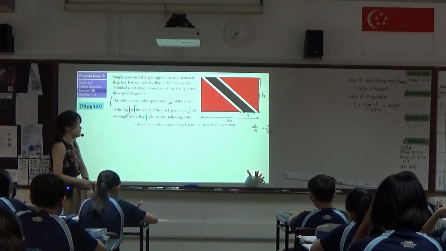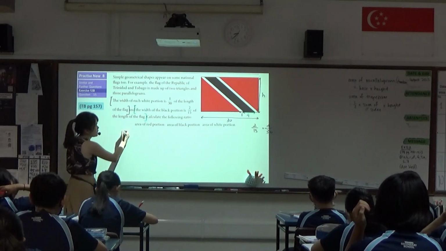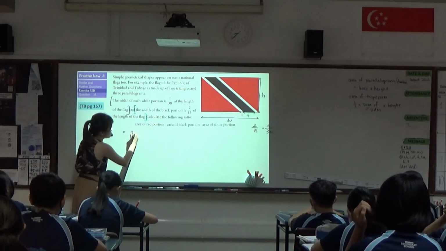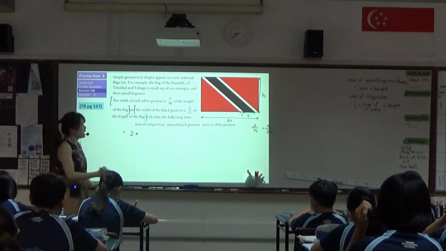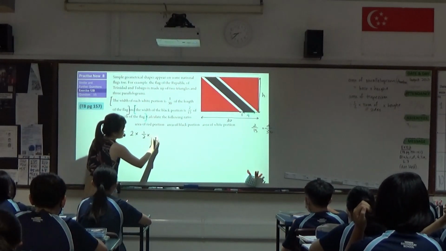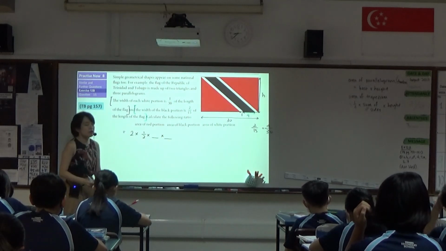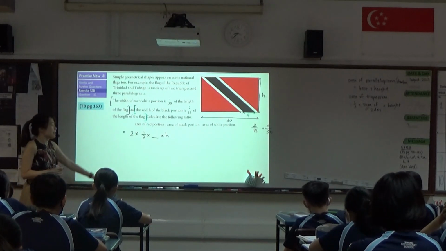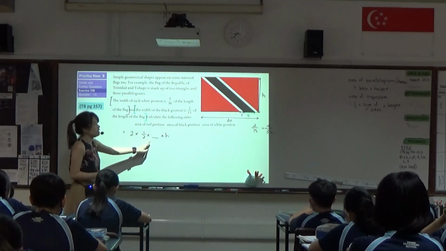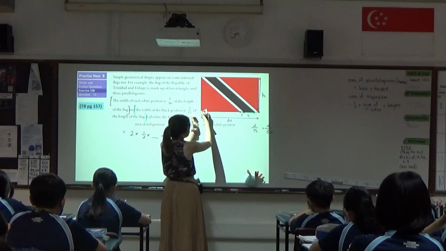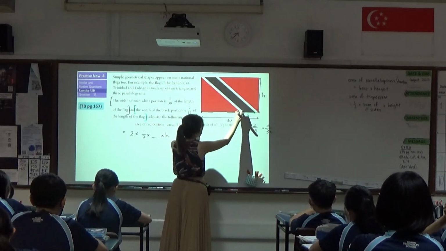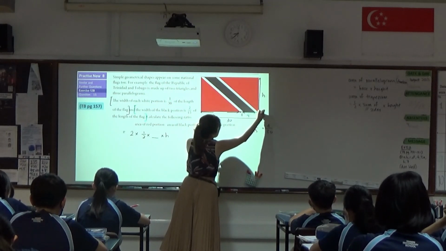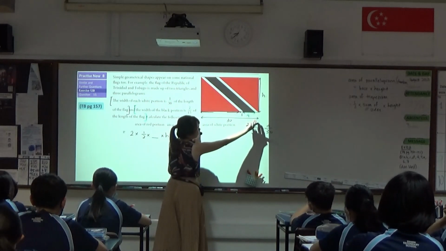So what does this mean? The area of the red portion is actually the two triangles. So since there are two triangles, we take 2 times half times base times height. Height we know that it is h. Now the base itself, for the triangle, I'm going to take this as the base. And since the entire length is 30 units, this entire length is 30 units.